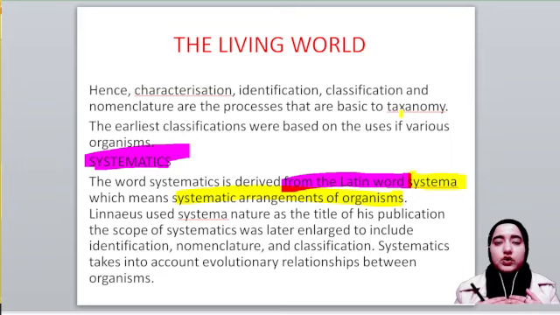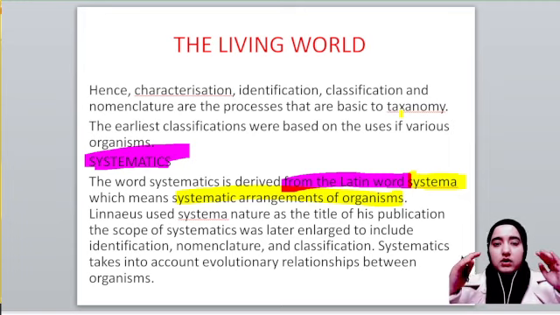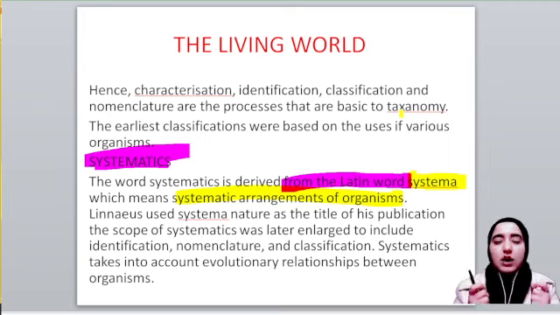Whenever we ask for any kind of medicine, it takes him just 1 or 2 minutes to find it. How is that possible? The chemist shop is full of medicines, but he is able to find the medicine in just 1 or 2 minutes. That is because of systematics, because he has done systematic arrangement very well.